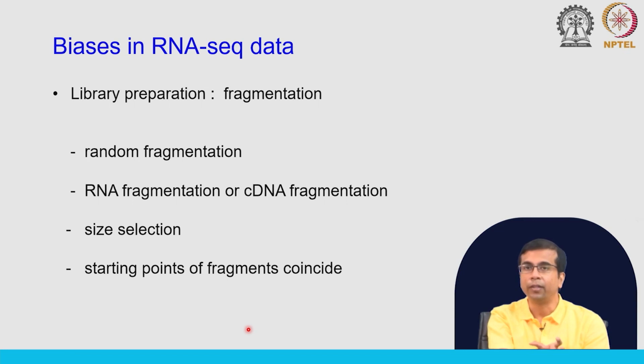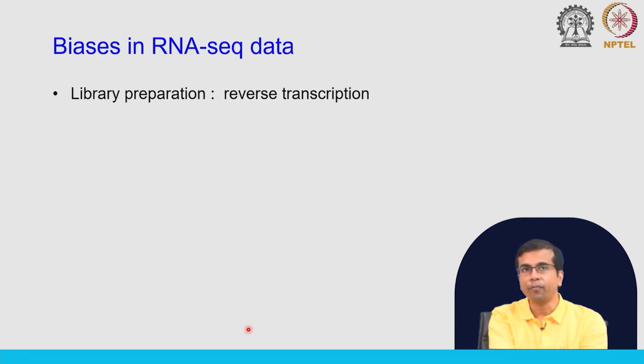So, we think this is a random fragmentation process, but it is not. And this introduces bias in the data, which we need to account for. So, we have to do something about this at the bioinformatics step. We cannot probably change these protocols too much, maybe there are some improvements that we can make, but then we have to have these bias correction steps in the bioinformatic pipeline.